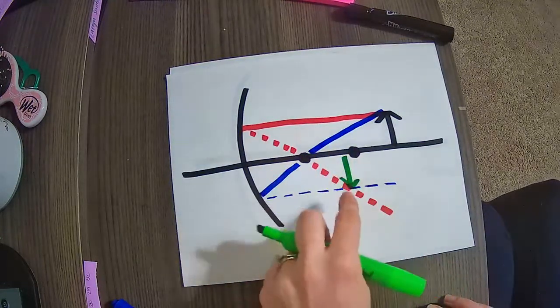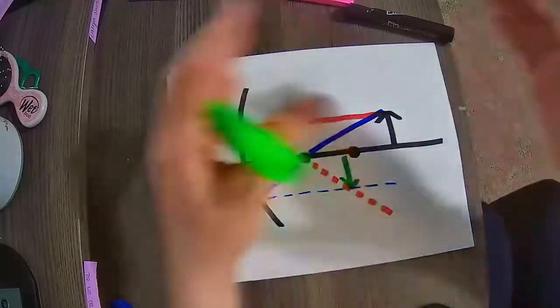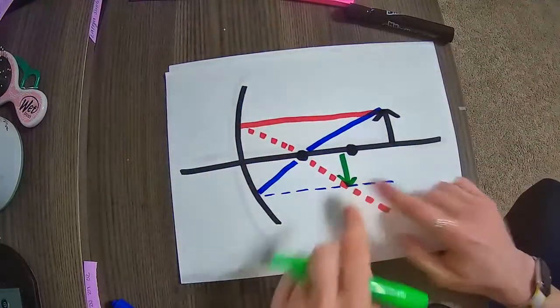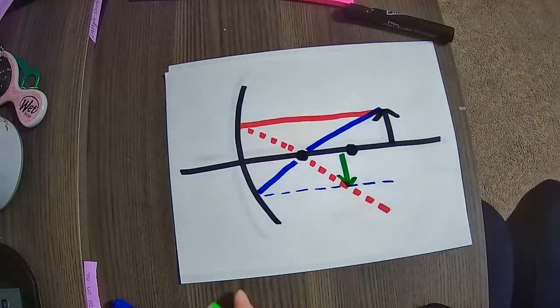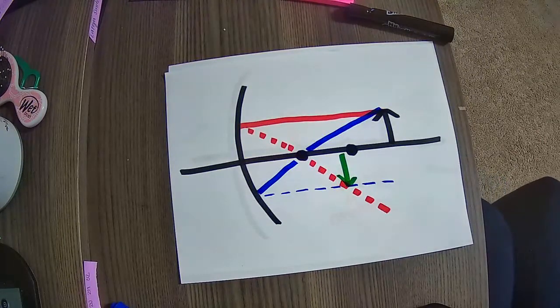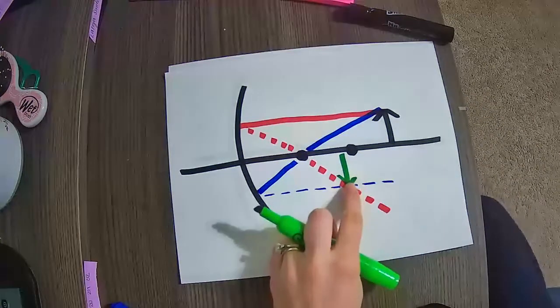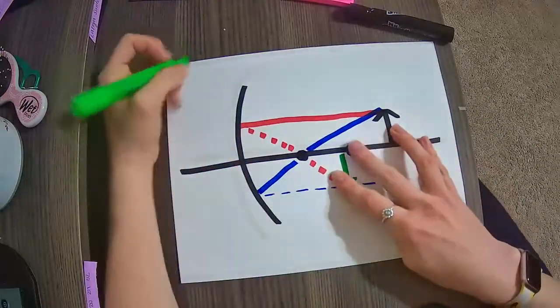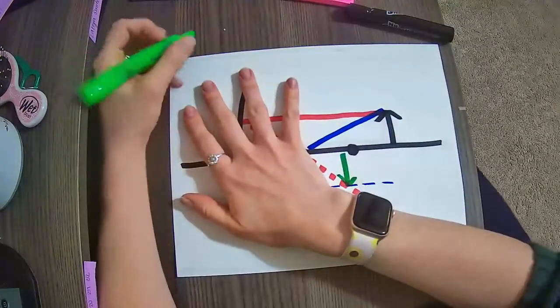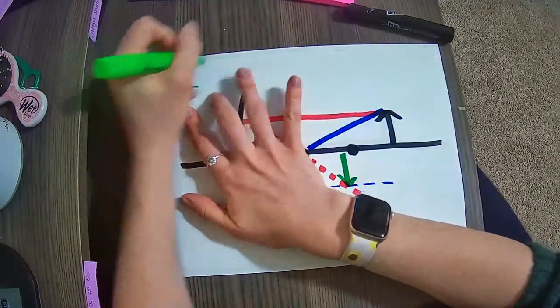So what we can see of the image that we have, we should be able to see a few things. I'm going to add in our LOST diagram here. So LOST being just the way that we describe the image that is formed. L is location.